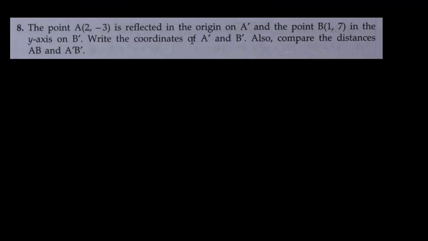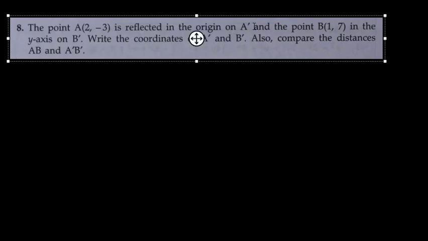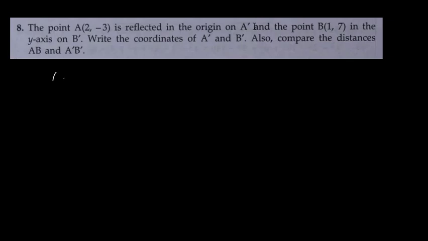The point A is reflected in the origin to A dash. Now when a point is reflected in the origin, both its x and y coordinates change. So here A is given as 2, minus 3. So A is reflected in the origin to A dash, so your A dash will be minus 2, plus 3.